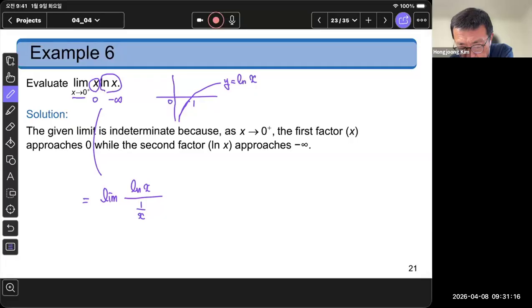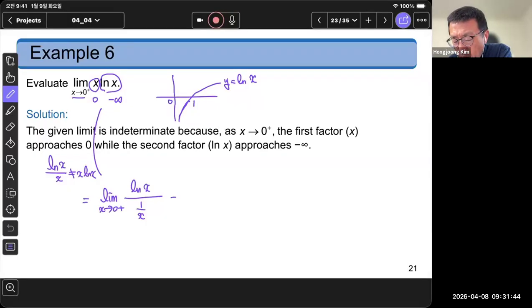Please note that if you take ln x over x, then that is different from x times log x, right? When I move this x to the denominator, x must be converted to its reciprocal, 1 over x. And then you put that reciprocal in the denominator. And then you let x go to 0 from the right.